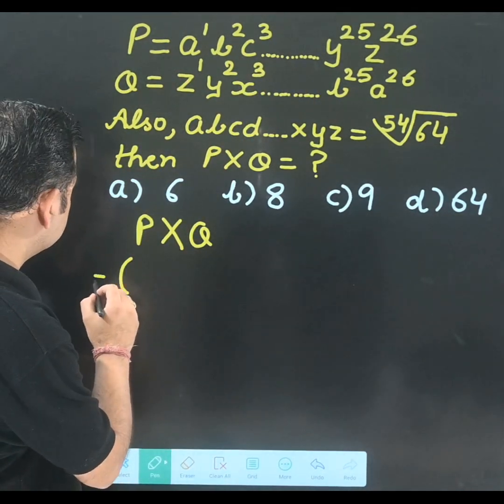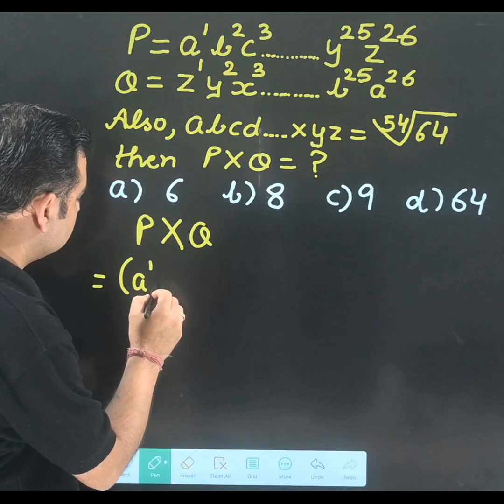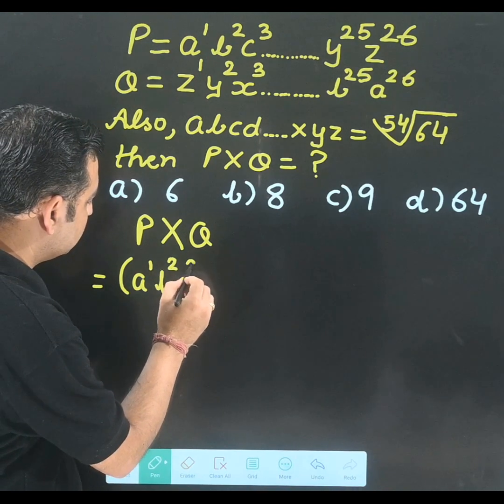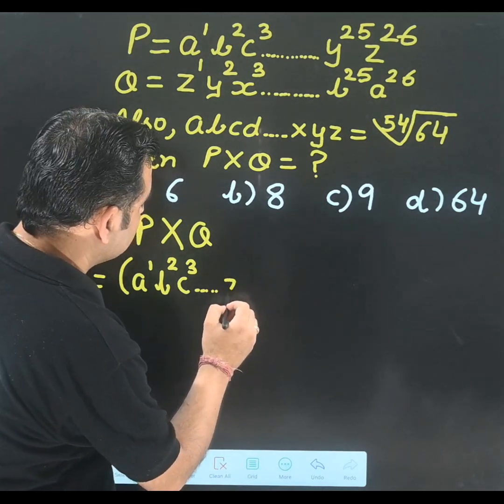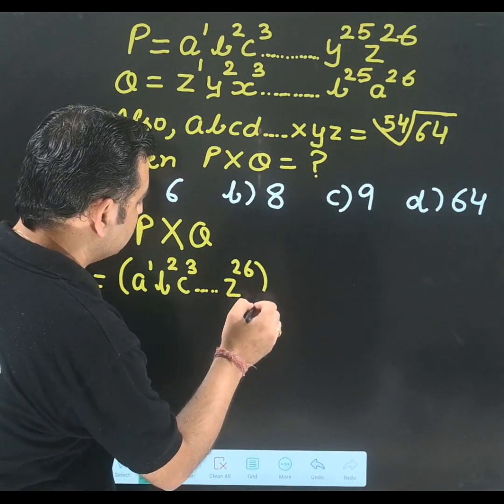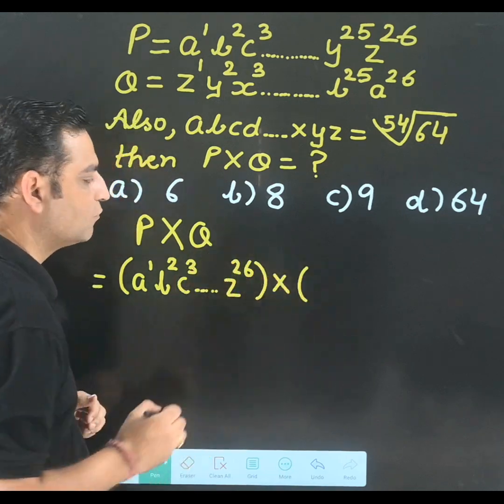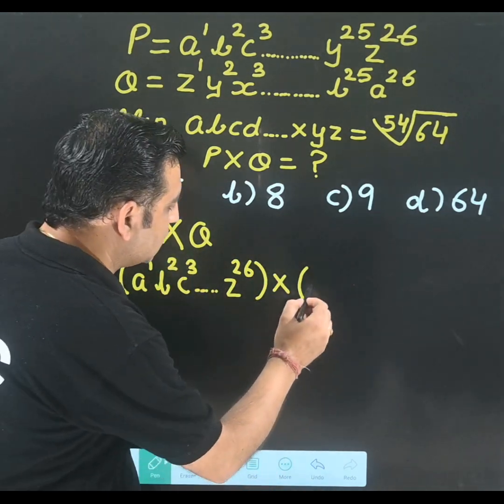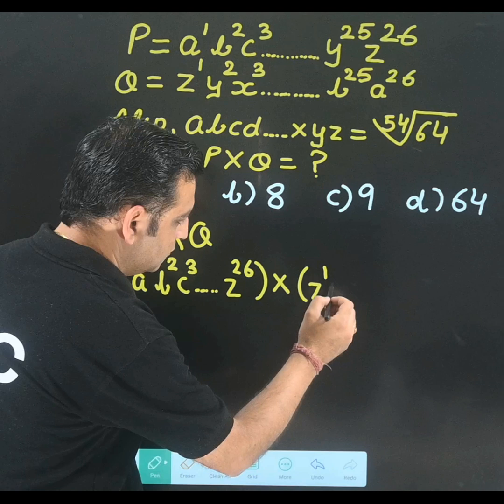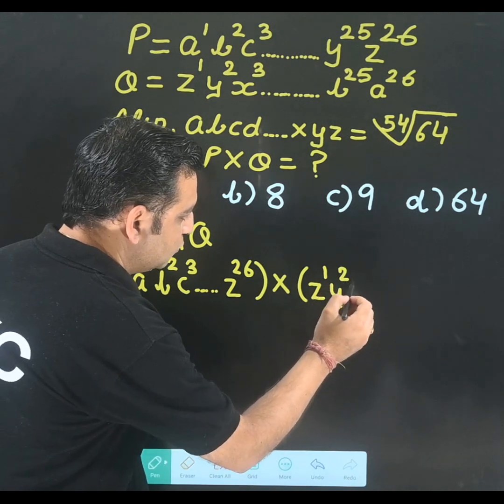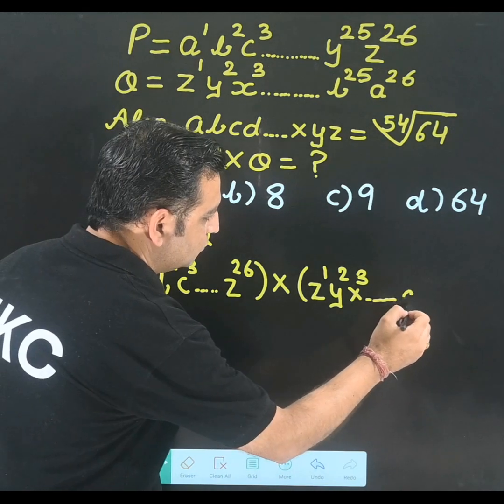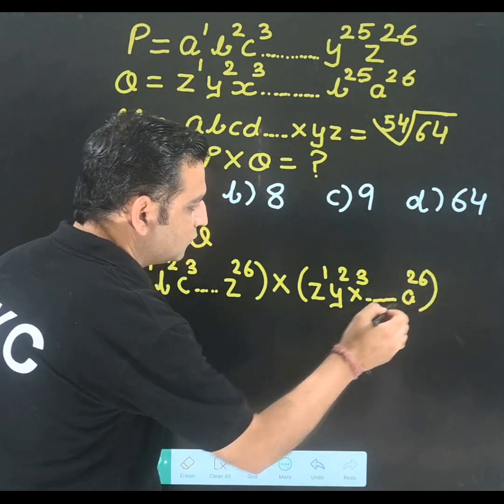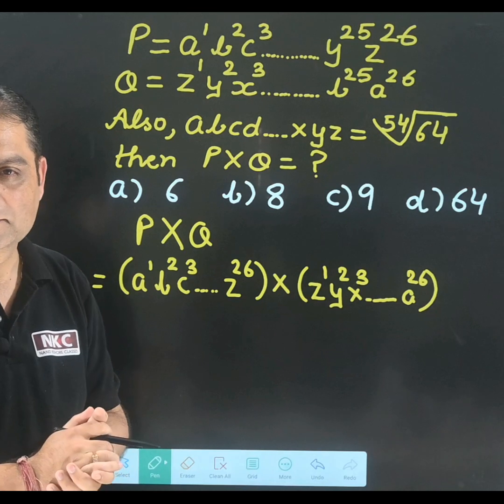P means a power 1, b power 2, c power 3, up to the last term, z power 26. And the value of q in reverse way, starting from z power 1, y power 2, x power 3, going up to a to the power 26. This is what we have.